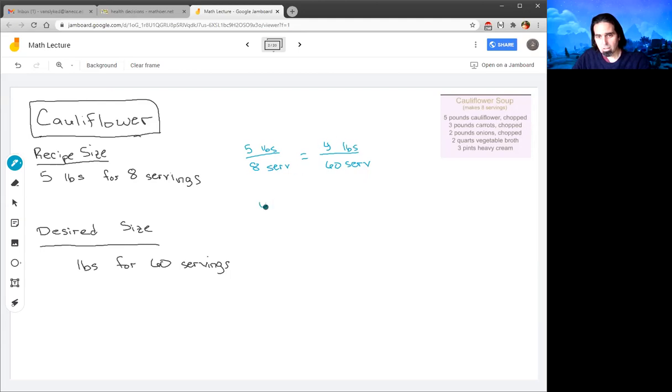Y times 8 is 5 times 60. So y times 8, 6 times 5 is 30 with another 0. We need to divide both sides by 8 to get y by itself.